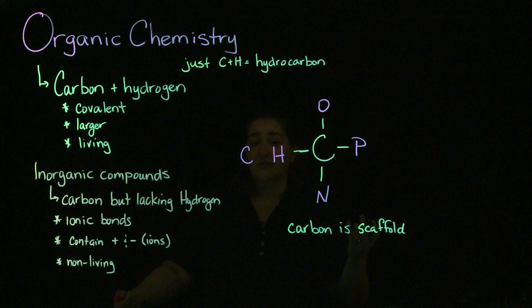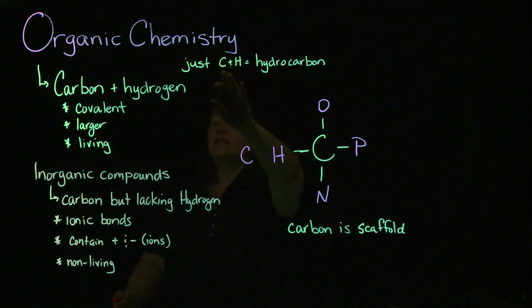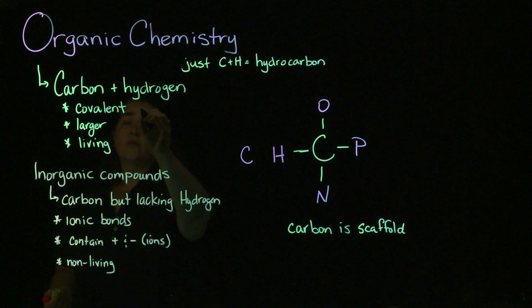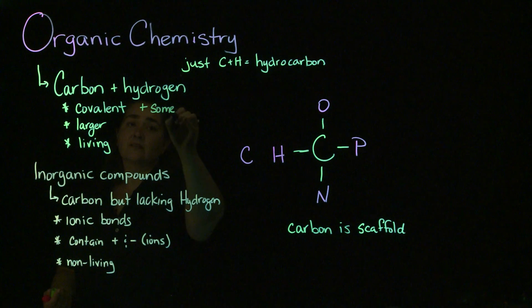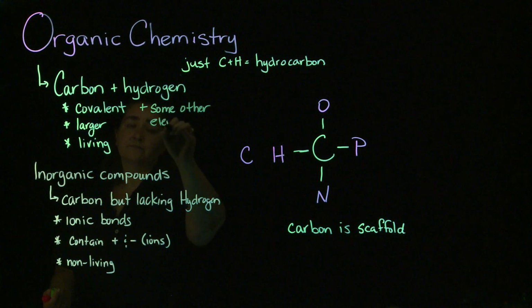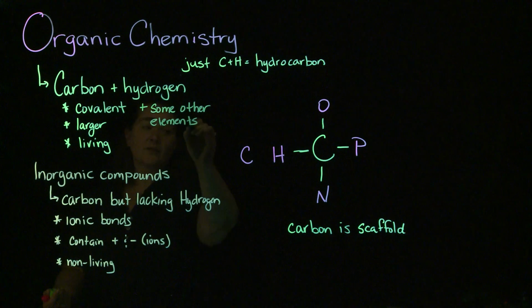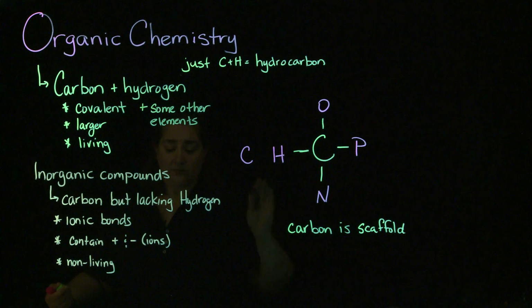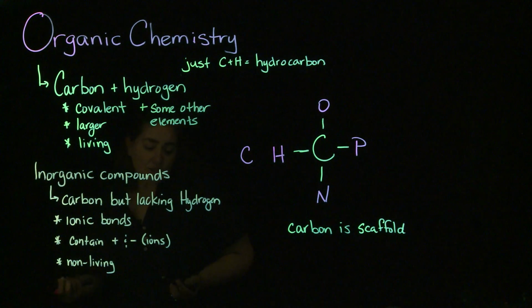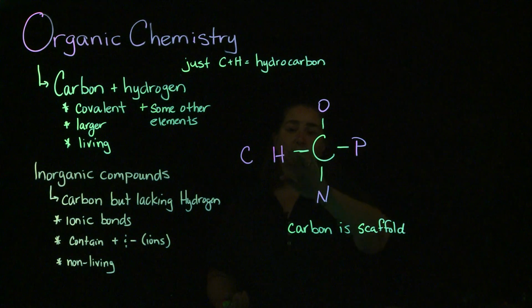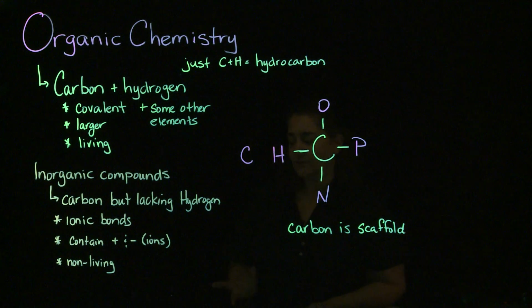Butane is also a hydrocarbon. Typically, if we're talking about living organisms, it's carbon, hydrogen, plus some other elements. And those other elements can be the nitrogen, the oxygen, the phosphorus, okay? So I've got this drawn simply with just one element attached.